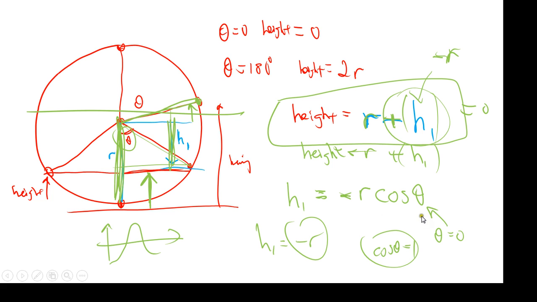So when your theta goes past 90 degrees, cosine theta will give you a small value, but that is a negative small value. H1 is from the midpoint, where the center is, to whichever height the object is at. Then height is from the bottom.